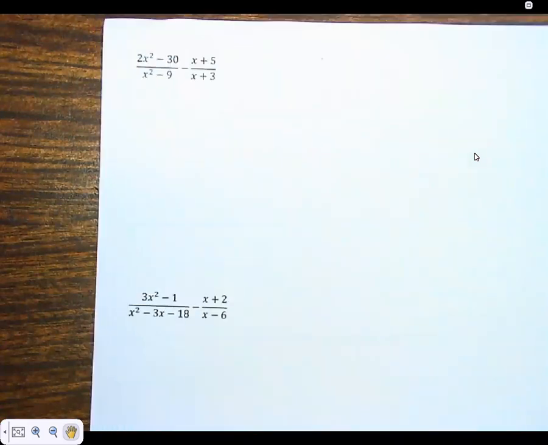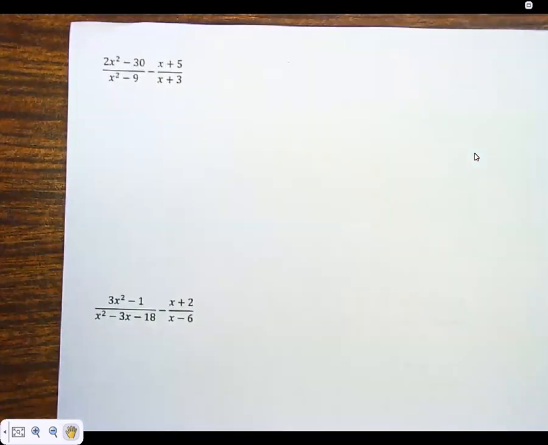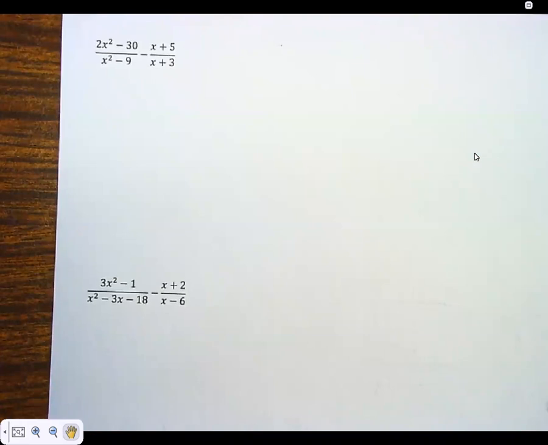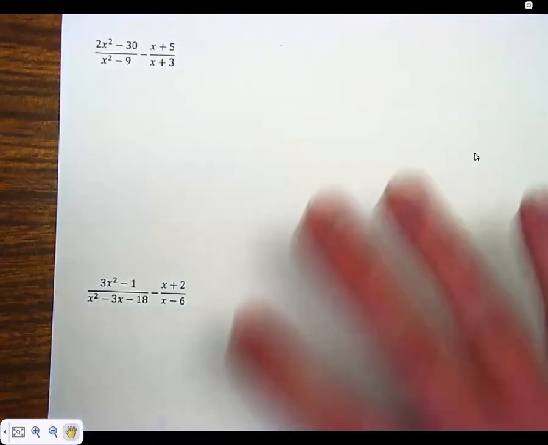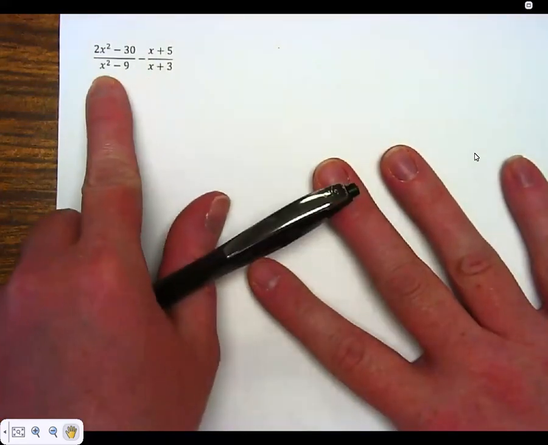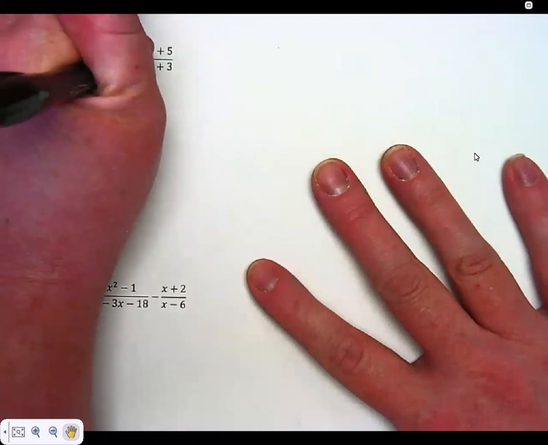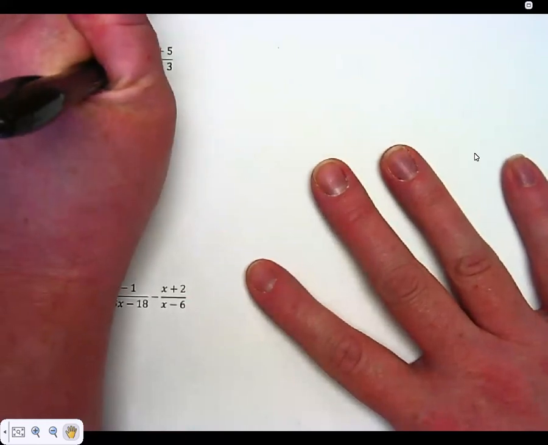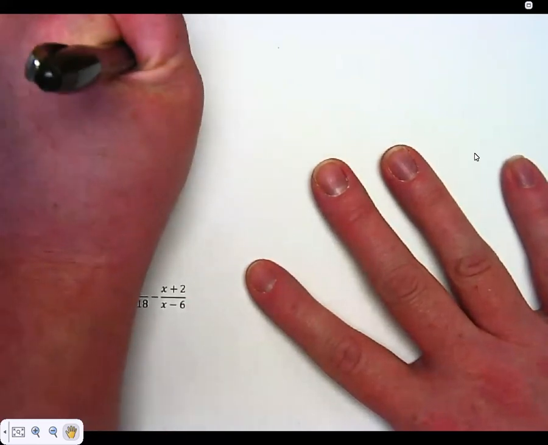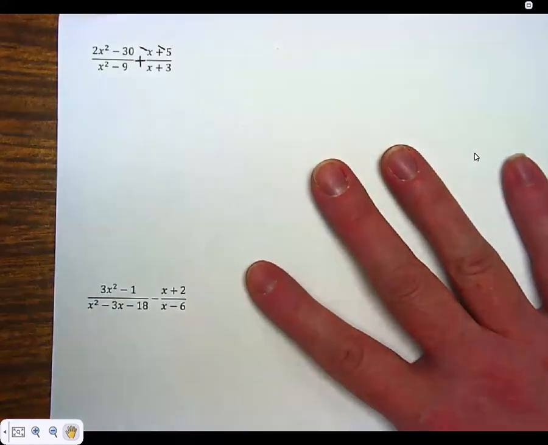All right, 3 to go. Fine. So again, these 3 are all subtraction problems because that is what people tend to be worse at. So we're going to make it an addition problem and change these signs back here. Okay, so now you want to try and factor any of your bottom parts.